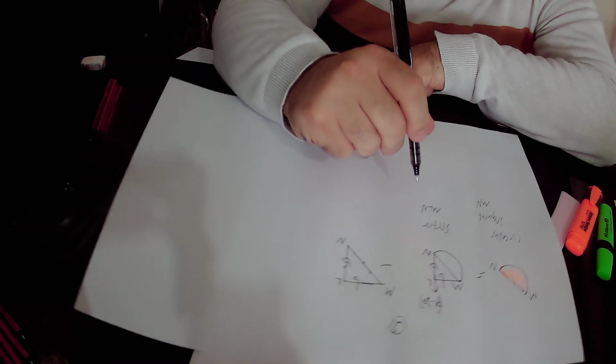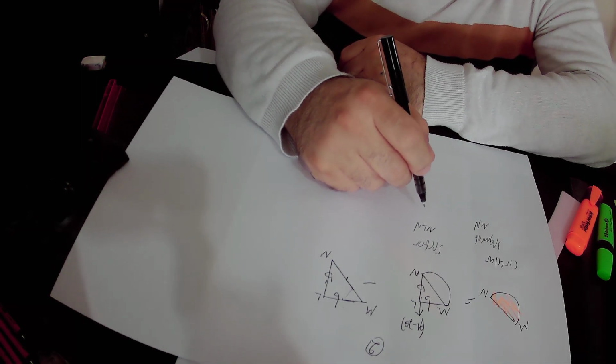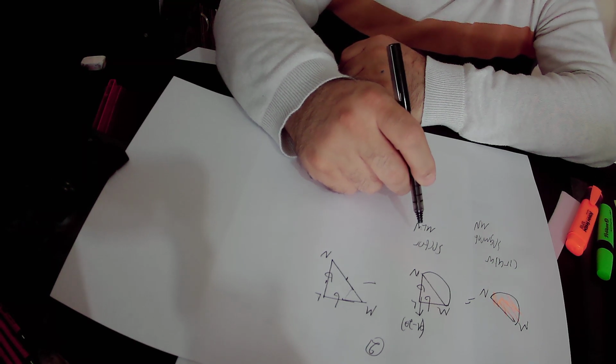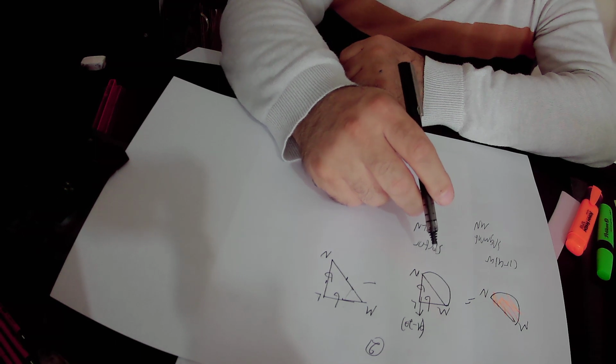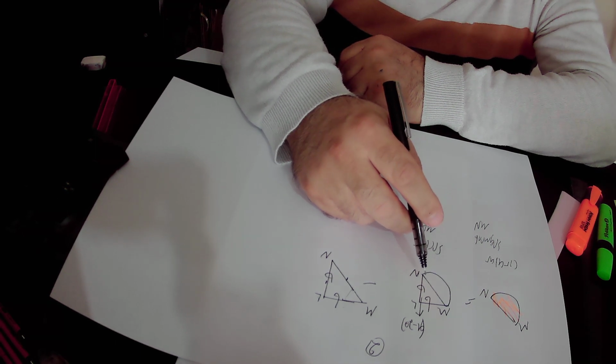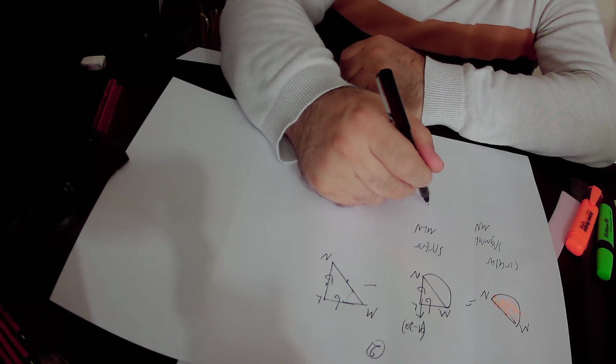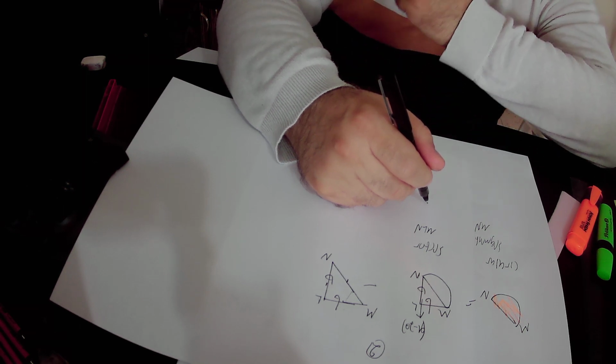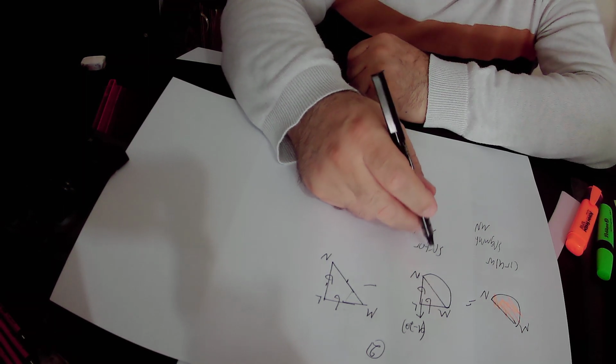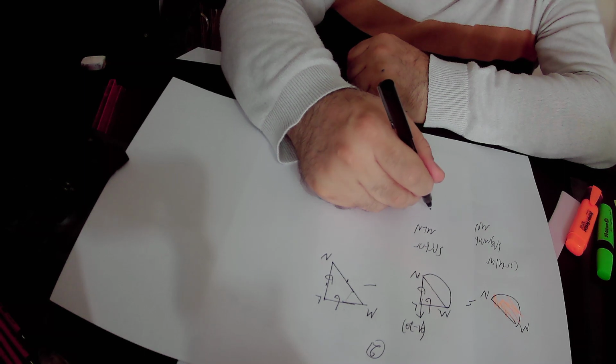So the area of sector MLN equals the area of the circle, that is pi r squared, and r equals b, so the area of the circle is pi b squared.